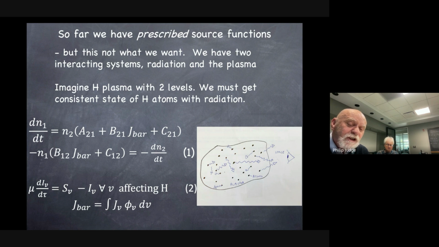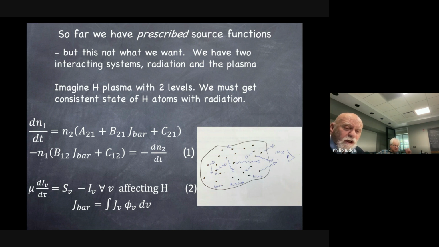Now we have two equations, one of which is just a simple algebraic equation for n, and the other one is a functional of n that we need to solve. And the whole business of non-LTE radiative transfer is making these two things the same. And you can see that if I've eliminated the variable J bar from the first equation using a functional of n that I put in there, so that I get a J bar which is some functional of the number densities in here, then I have two equations.